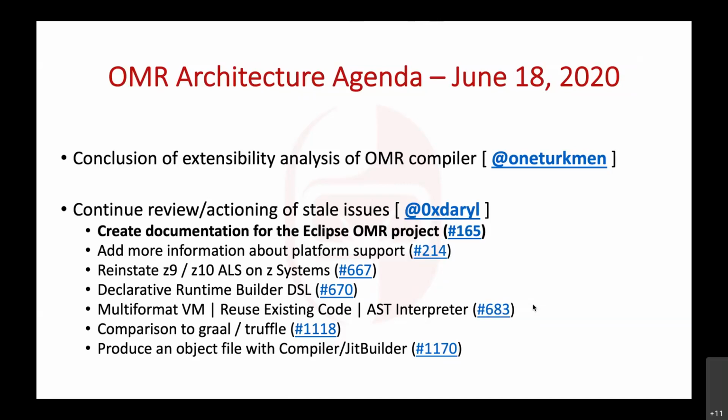One possibility could be that we could create it as a markdown document in the root of the docs folder, just say something like a comparison to other compiler frameworks, and then reference it from the README, where you're saying what is OMR.